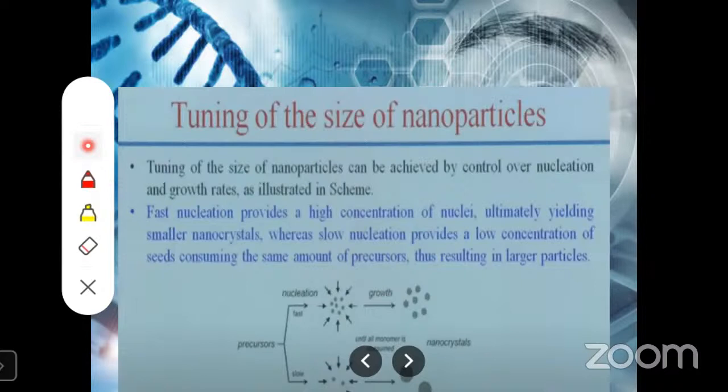If we have a larger number of nuclei and the amount of precursor is the same, you will get small size particles. And with slow nucleation, you will have only 2 nuclei, with everything else the same, and it consumes the precursor during crystallization, and this will bring it to a bigger size.